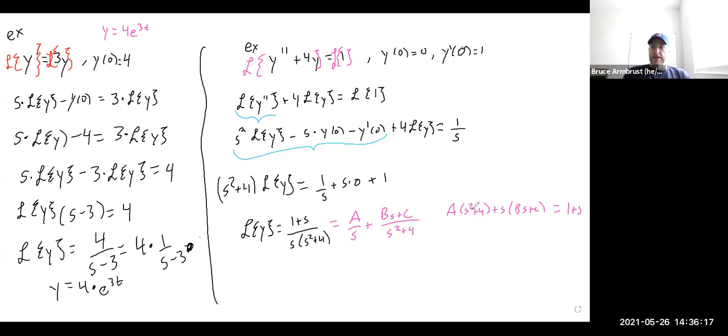All right, so let's group things by coefficients. Squareds, I'm going to get (a plus b) times s squared. For s's, I'm going to get c times s. And for constants, I'm going to get 4a.